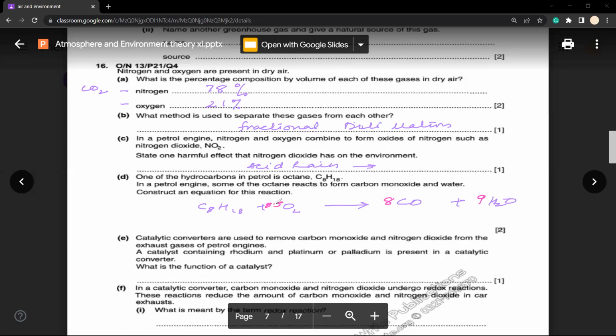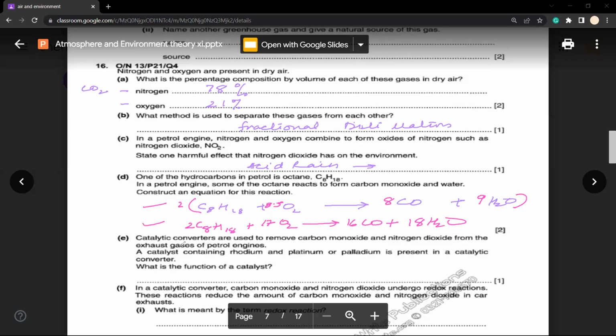So either you can leave it in decimal, or the next thing you can do is multiply the whole equation by 2. We'll get 2C8H18 plus 17O2 giving 16 carbon monoxide plus 18 water. Both ways they will be accepting the equations.